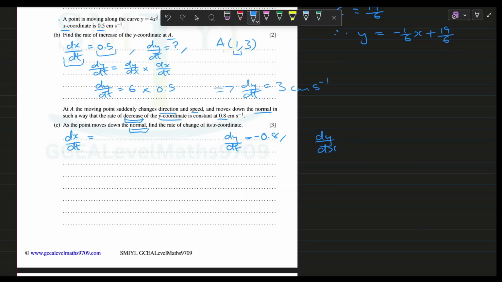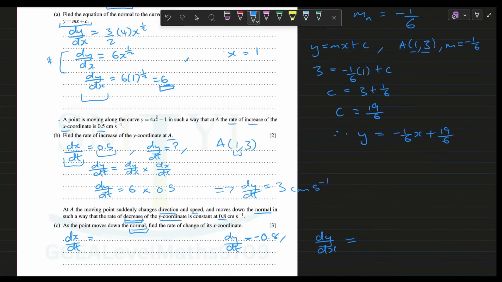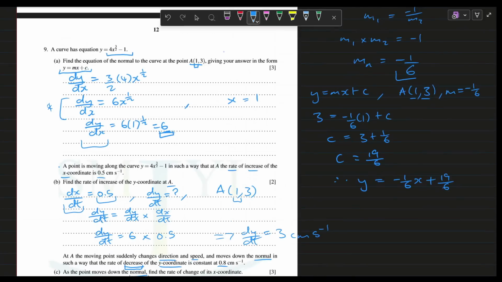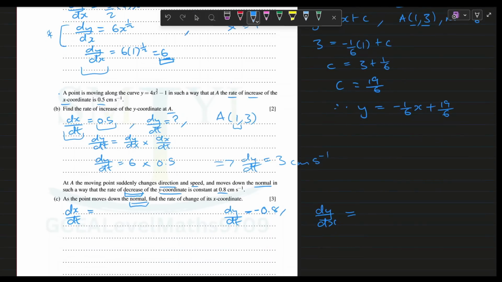So our dy/dx refers to the gradient of the normal, and the gradient of the normal we calculated in part A. The gradient of the normal is negative 1/6, because remember, everything is still happening at the point A. So the gradient from part A is still the same, negative 1/6.